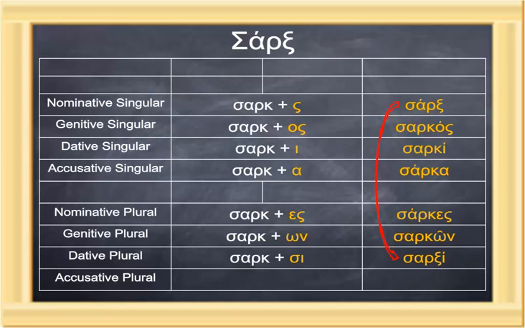And in the dative plural, the sigma iota that's added to sark does the same thing as in the nominative when a sigma is added to the kappa ending, and we get sarxi instead of sarksi.